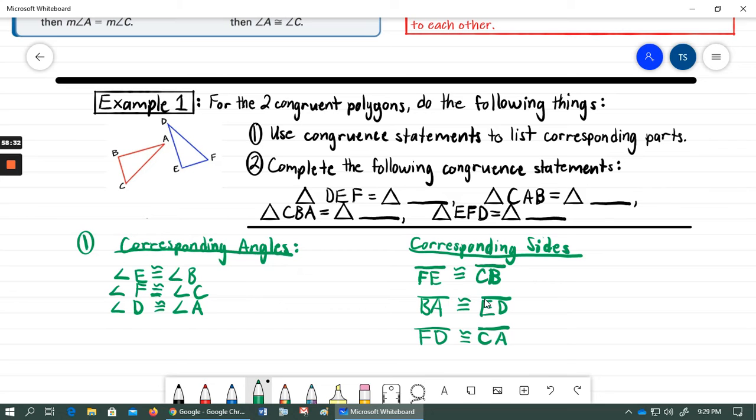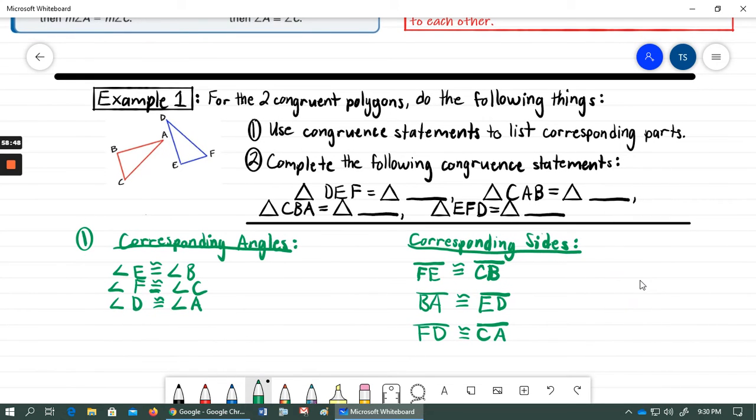So, folks, we've used congruent statements to list our corresponding parts, our corresponding angles, and our corresponding sides in those two congruent triangles. And now, folks, we're going to complete these congruency statements.